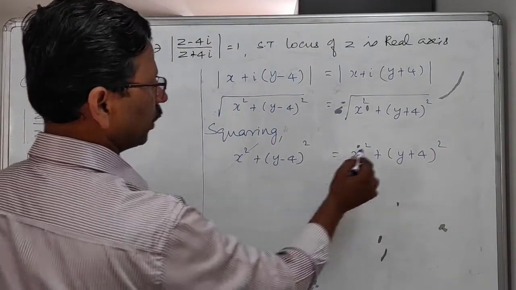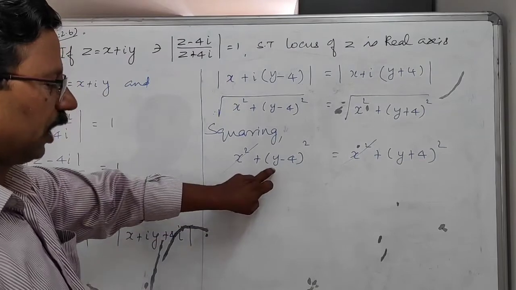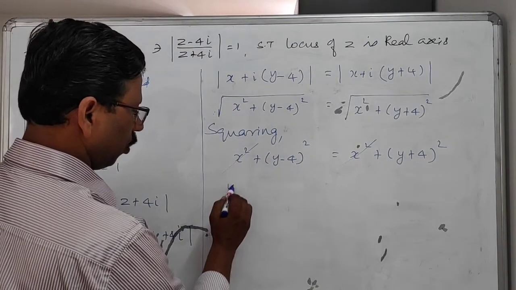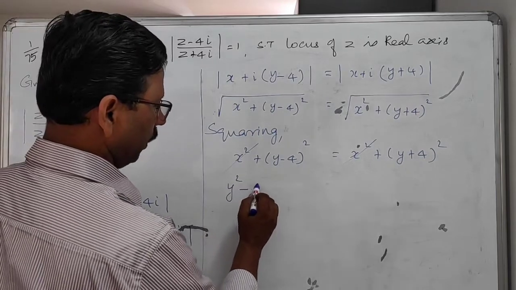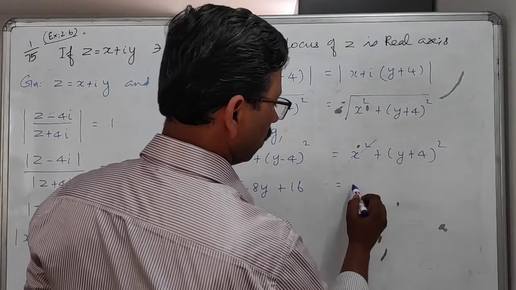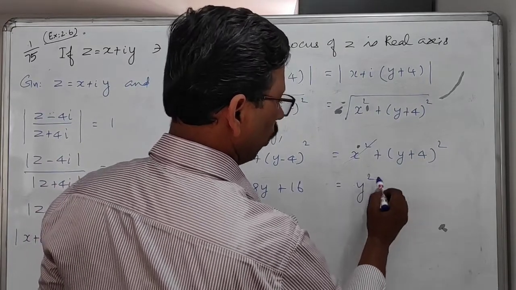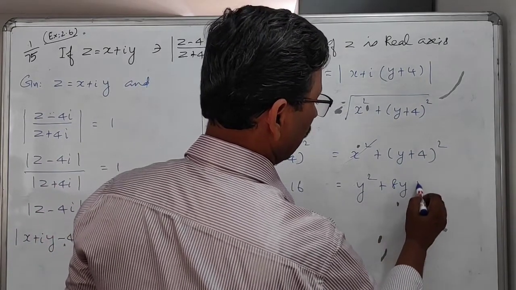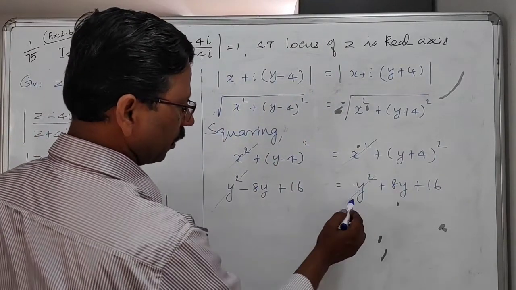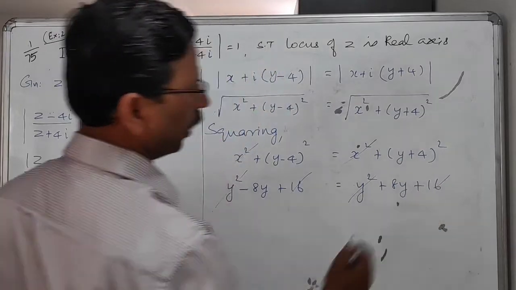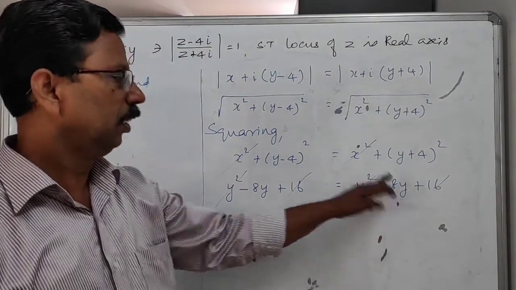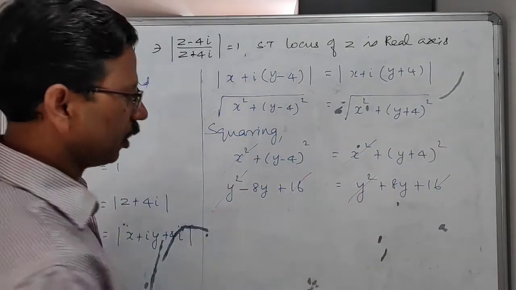Now this x square gets cancelled. Now expand this in the form of a minus b the whole square. You can write y square minus 8y plus 16, which is equal to, this also can be expanded, y square plus 8y plus 16. Here the y square gets cancelled, 16 also gets cancelled. This is minus 8y, this is plus 8y. If you take this to the right hand side, you get in total 16y.